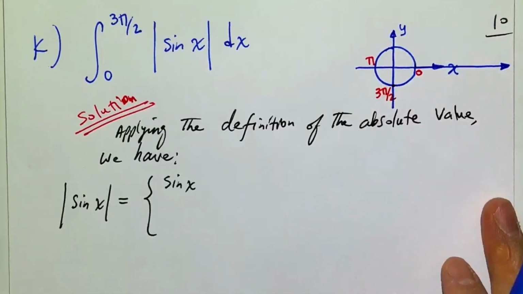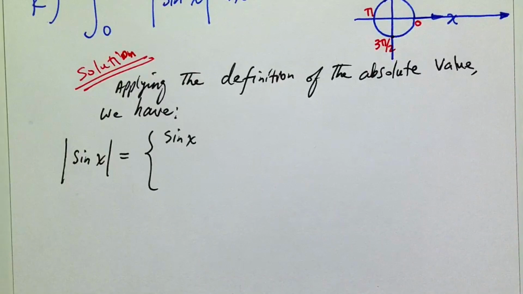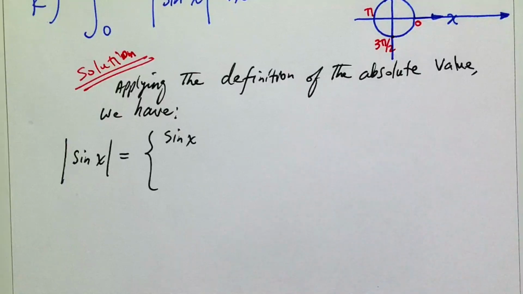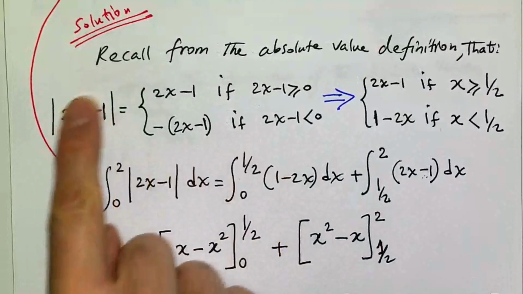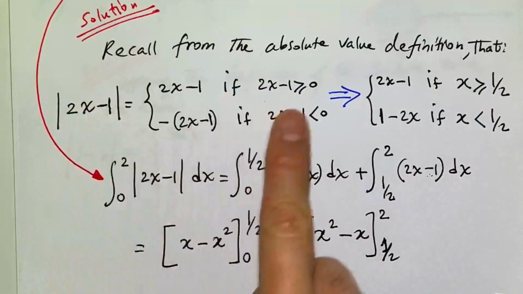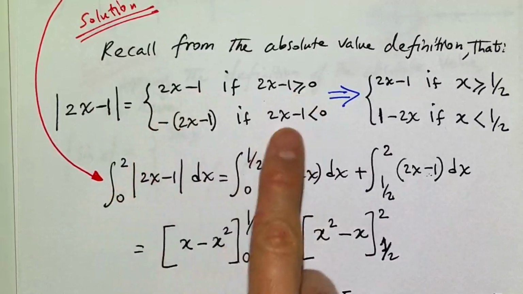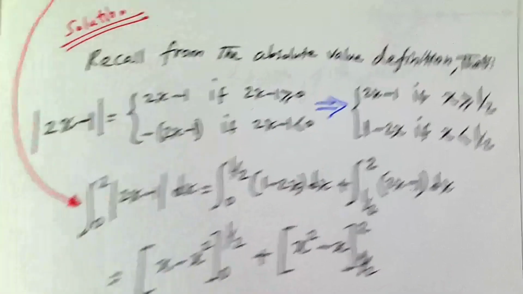Because when you apply the definition of absolute value, you need to know from where to where it's negative and from where to where it's positive, right? Just like what we did here. If the inside expression is greater than or equal to 0, then this is our expression. If that is less than 0, then this is our expression.